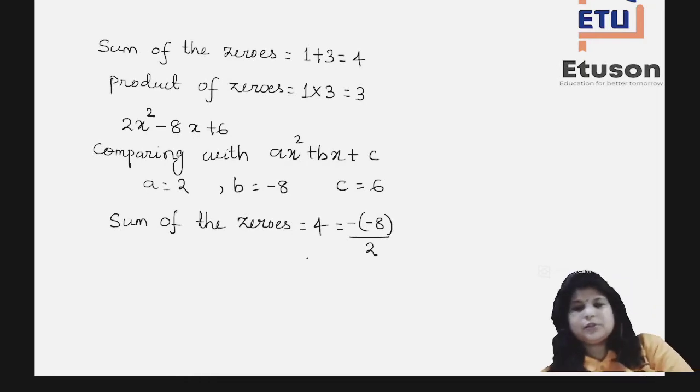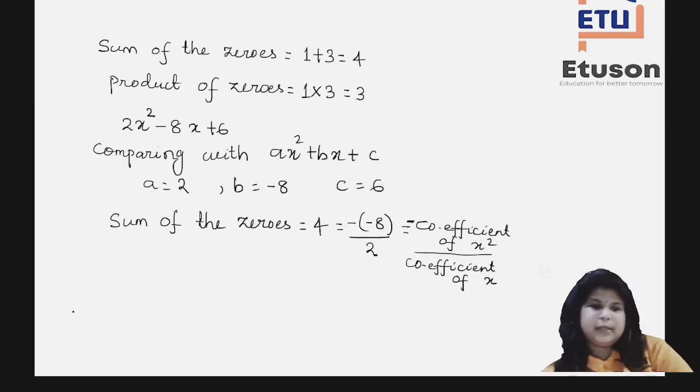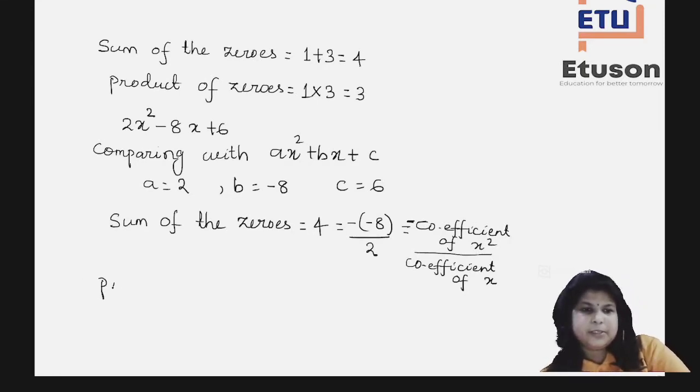So what is minus 8 here? That is coefficient of x. So that is minus of coefficient of x divided by, what is 2 here? It is coefficient of x square.